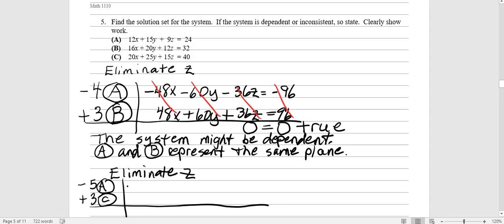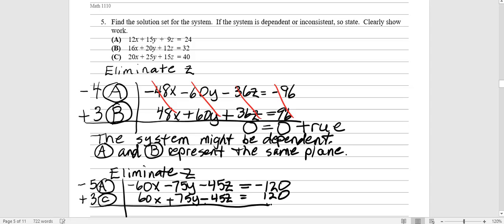So -5 times equation A gives me -60x minus 75y minus 45z equals -120. 3 times equation C gives me 60x plus 75y plus 45z equals +120.